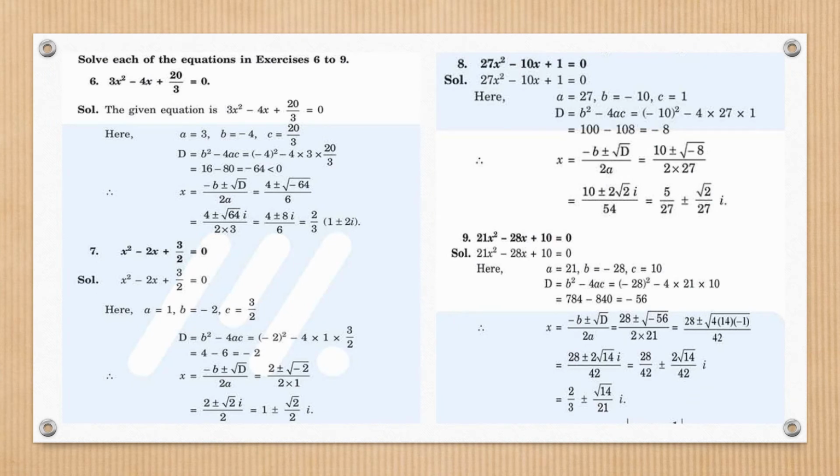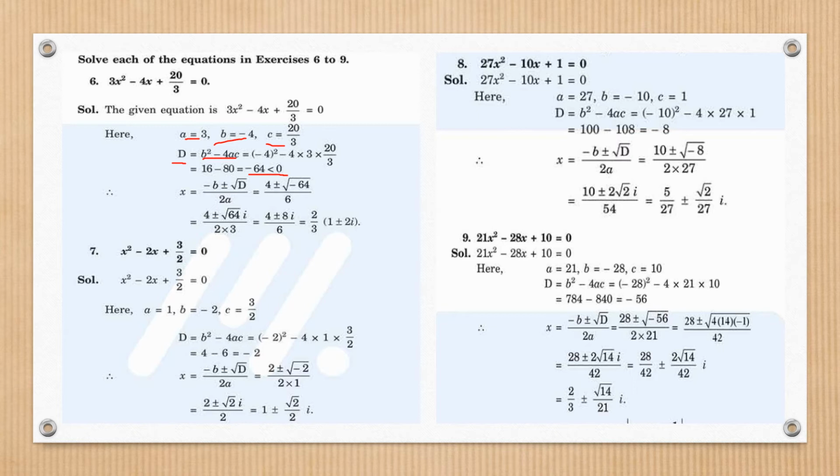Question number 6. Solve each of the equations from 6 to 9. These are quadratic equations with non-real roots, so I have to compare with ax square plus bx plus c. So I get a as 3, b as minus 4, c as 20 by 3. Firstly, I'll calculate the discriminant using b square minus 4ac, which is minus 64, less than 0, and the formula x equals minus b plus minus root D upon 2a.